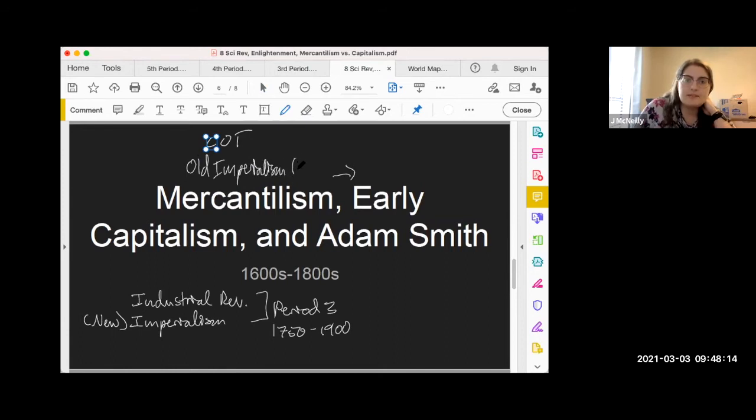And remember, that's period 2, 1450 to 1750. Okay, with the beginnings of the Columbian Exchange, the Europeans began colonizing the Americas. Okay, now why did they colonize the Americas instead of Africa or Asia?